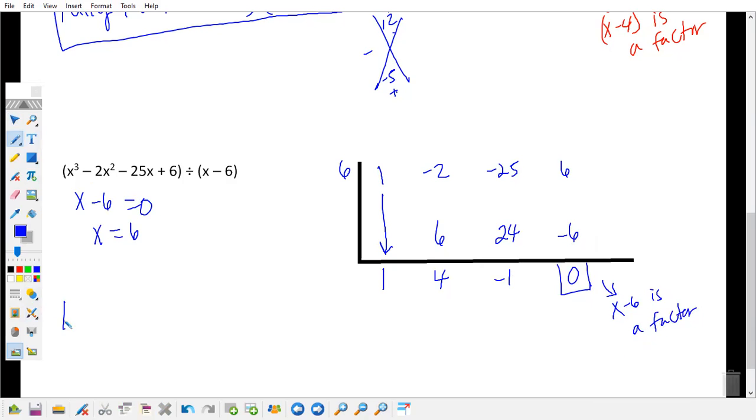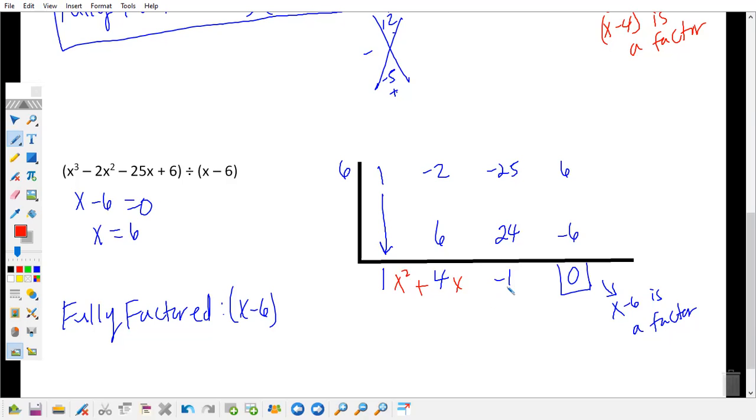So when I'm writing it as fully factored, I have my first factor. My first factor is X minus 6. Now I'm going to use my skills. Because I've already divided out one x, instead of a 3rd degree it is now a 2nd degree.